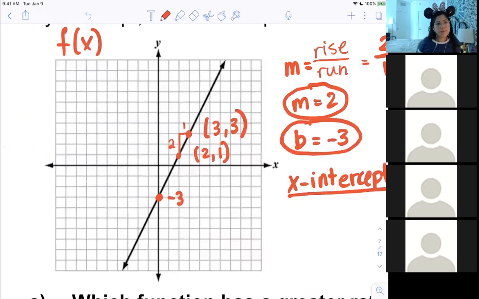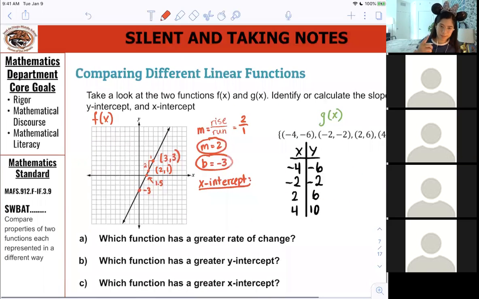Where is it? 1.5. 1.5, very good. Basically, it's where it's crossing the x-axis, and it's kind of in the middle, but this is about 1.5. So that is my x-intercept. And JC had it first, by the way. He just said it privately. So x-intercept is 1.5.